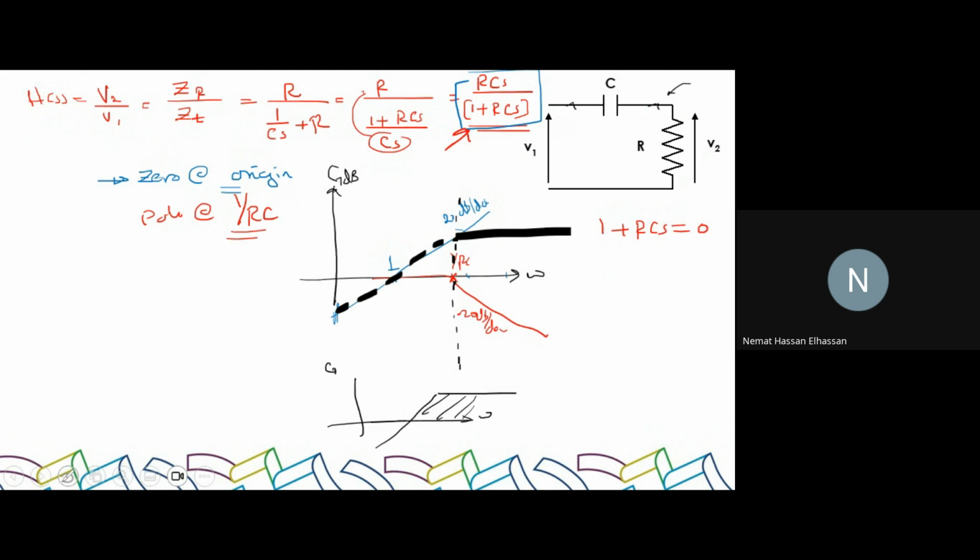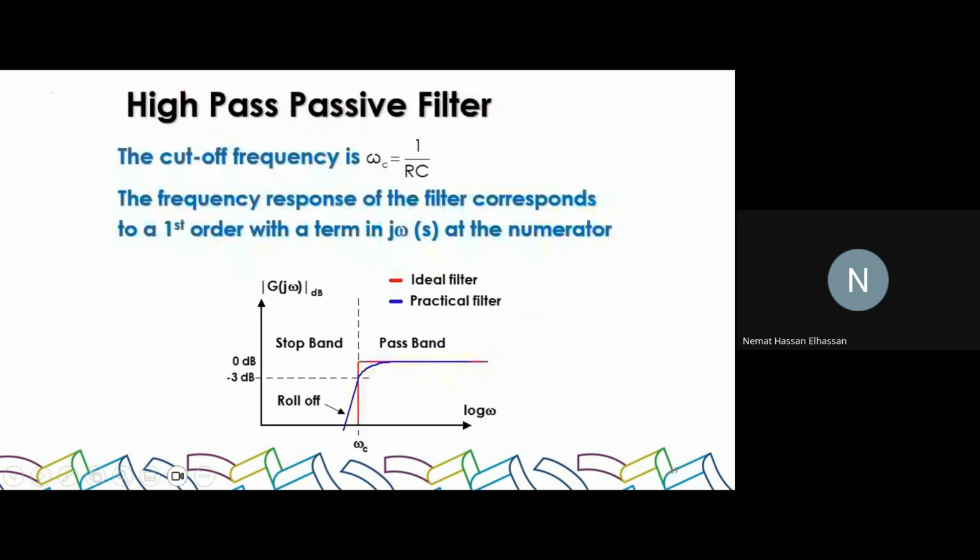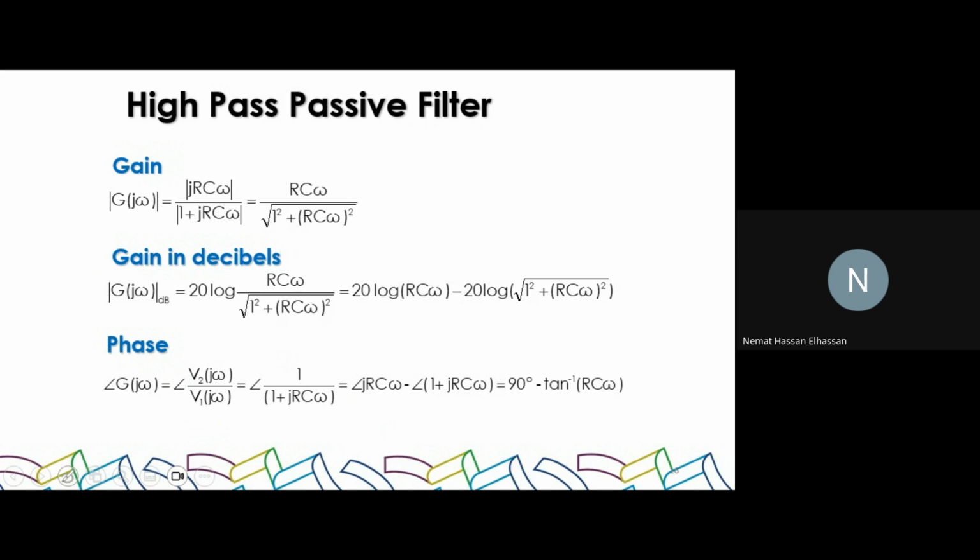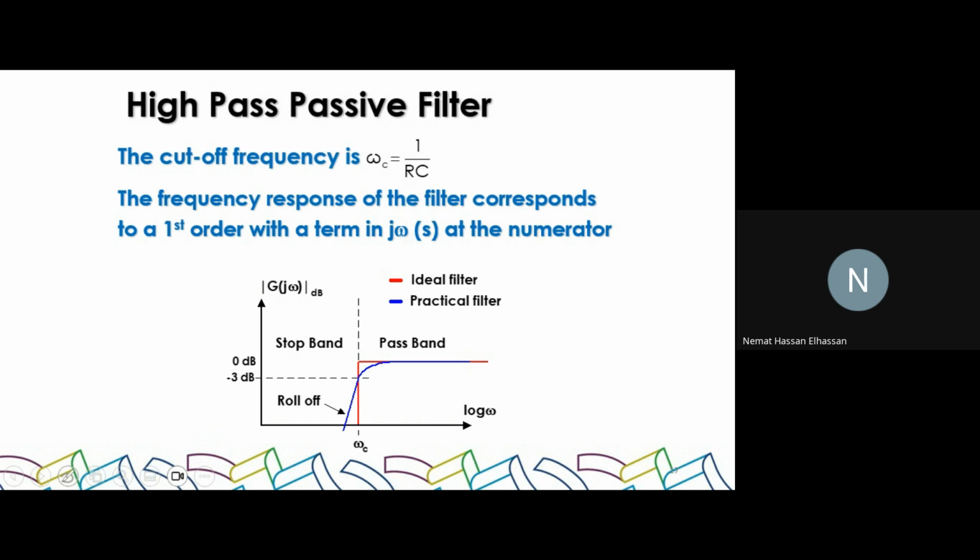If you take the output from the resistor, you'll have high pass filter, which is exactly what we have here. High pass passive filter. Based on the transfer function of the circuit over here, which we just calculated. Okay? طيب.